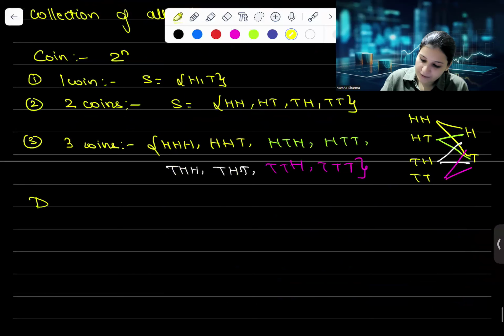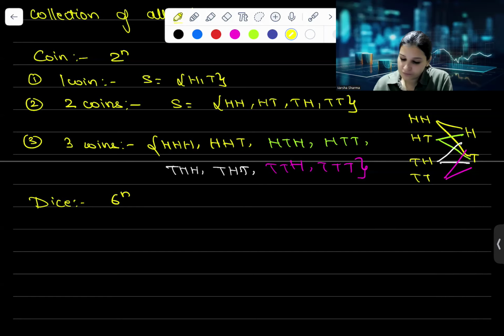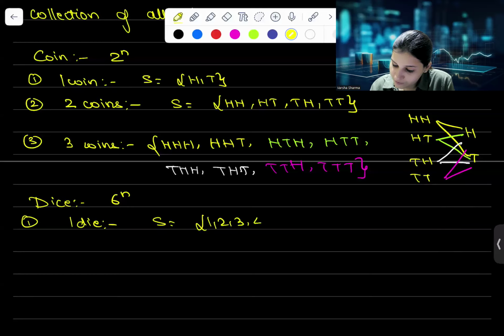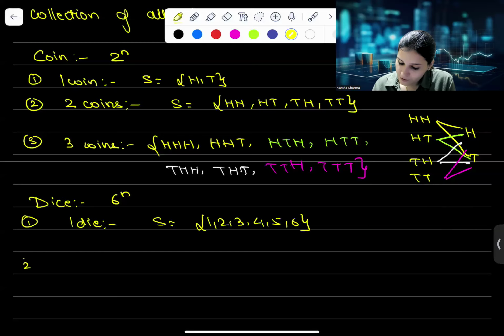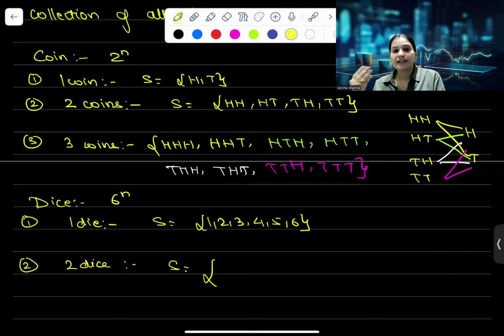Same way, dice. Formula is 6 power n. 1 dice, 6 outcomes. 2 dice, 6 square, 36 outcomes. So, 1 dice: 1, 2, 3, 4, 5, 6. 2 dice: if the first one has got 1, the second one can get anyone from 1 to 6.